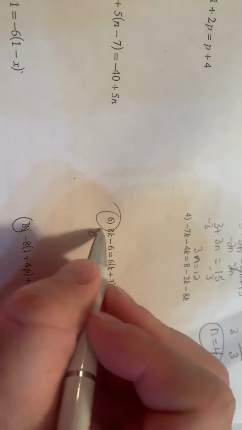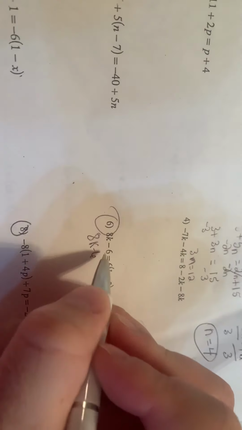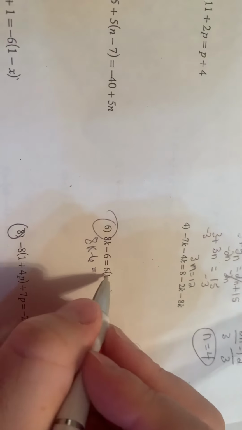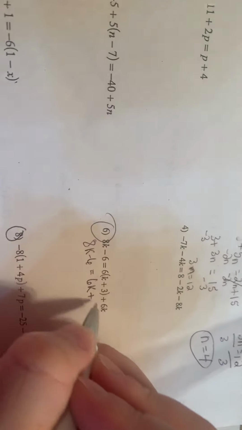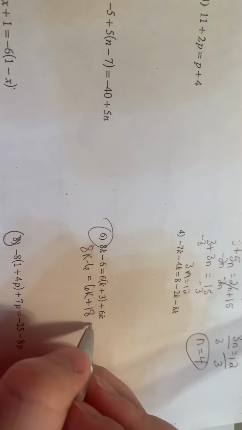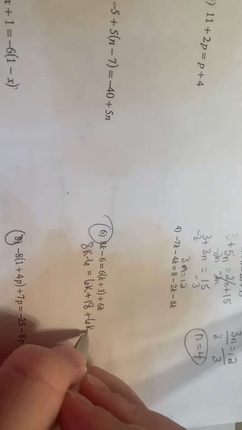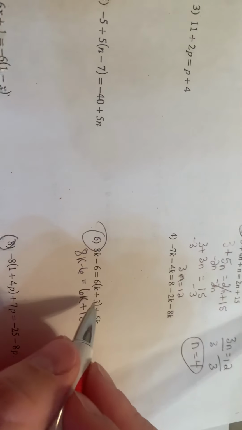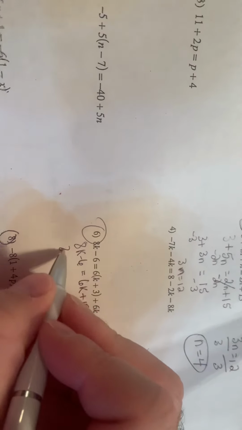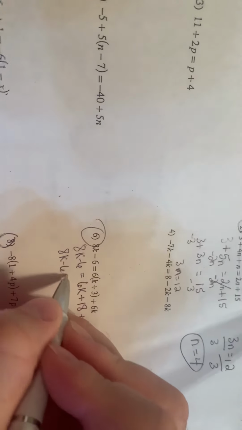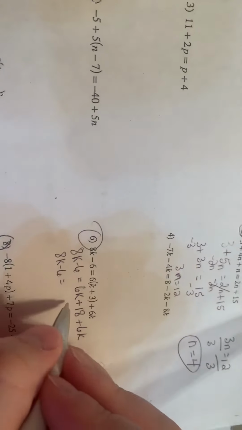Here, okay, we can't do anything to this left side, can't combine, but over here we can distribute 6 times k, and then don't forget 6 times 3, and then you're still adding 6k to that. So we distributed this. And now we can look and say, well, can't do anything to this side, but we can combine the 6k and 6k.